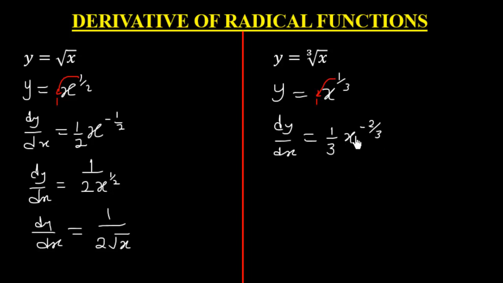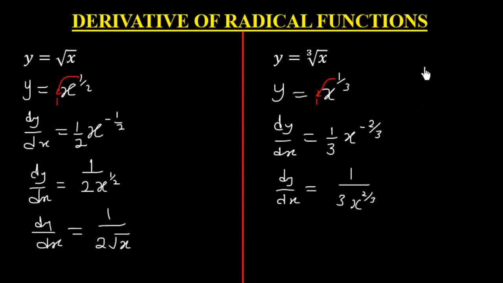But we can also make the exponent of x positive by moving it from the top to the bottom, so that the exponent of x will change from negative 2 over 3 to positive 2 over 3. Therefore, dy/dx is equal to 1 over 3x to the power, sorry, 2/3.